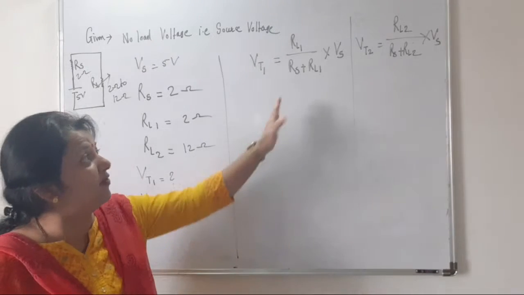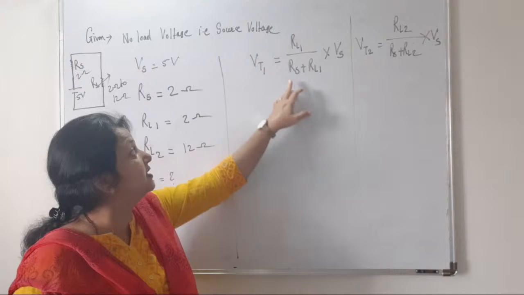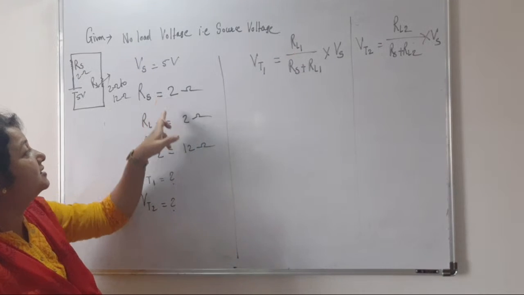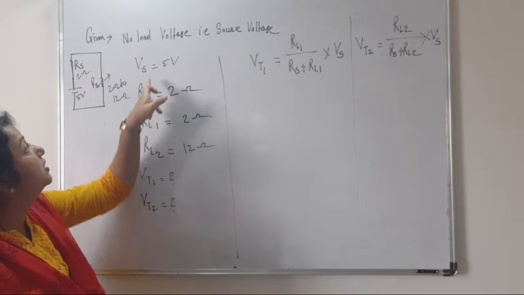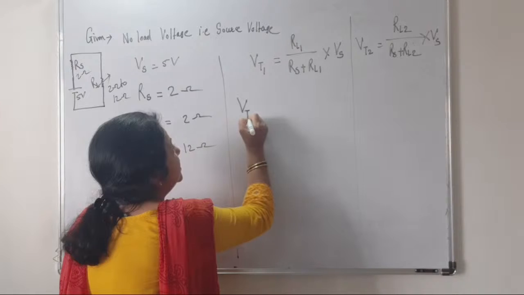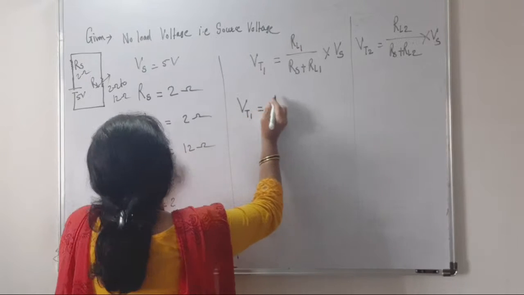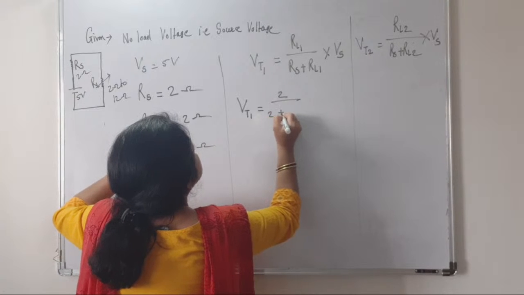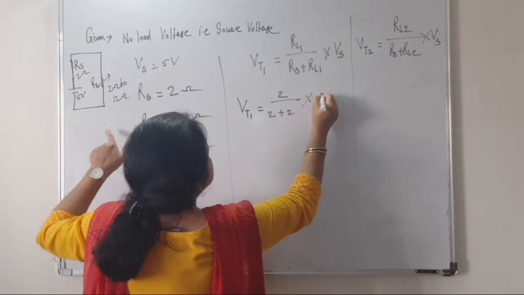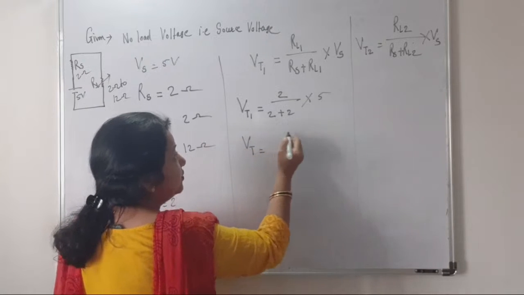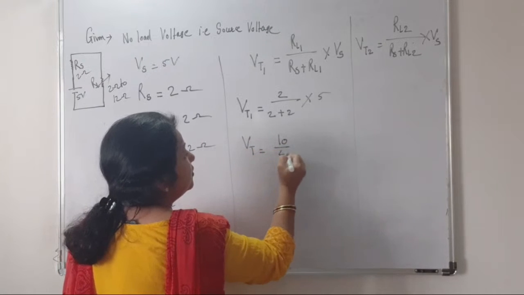Okay, try to simplify. I am given both the formulas. RL1 is 2, RS is 2, and terminal voltage VT1 is RL1 upon RS plus RL1, into VS. So insert the values: VT1 is 2 upon 2 plus 2, multiplied by VS, which is 5 volt. Therefore VT1 is equal to 10 upon 4.